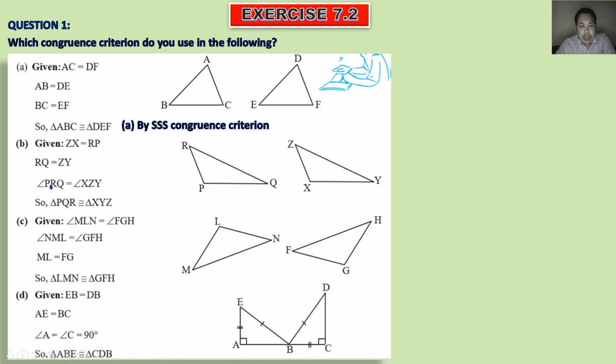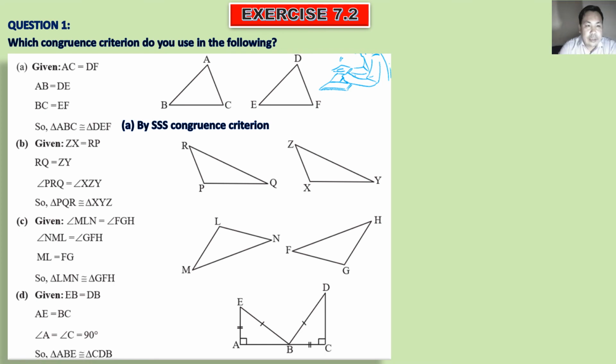Again, the measurement of angle PRQ and the measurement of angle XZY are also equal. These angles are equal. Angle R and angle Z are equal. RP is equal to ZX, and RQ is equal to ZY here. That means two corresponding sides of the two triangles are found to be equal.